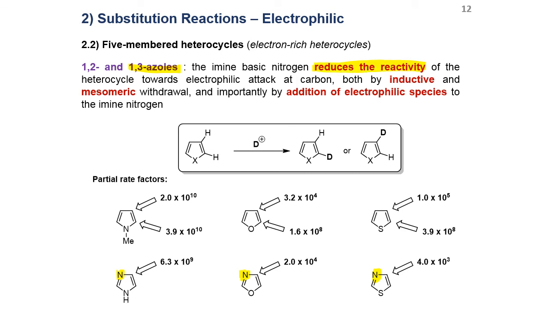So it reduces the reactivity, and this is due to the inductive and mesomeric withdrawal effect, as well as the addition of electrophilic species. If you have protons, the ring can get protonated, which reduces the reactivity of the ring system even further. More detailed explanation of this kind of reactivity will be discussed in lecture 6.